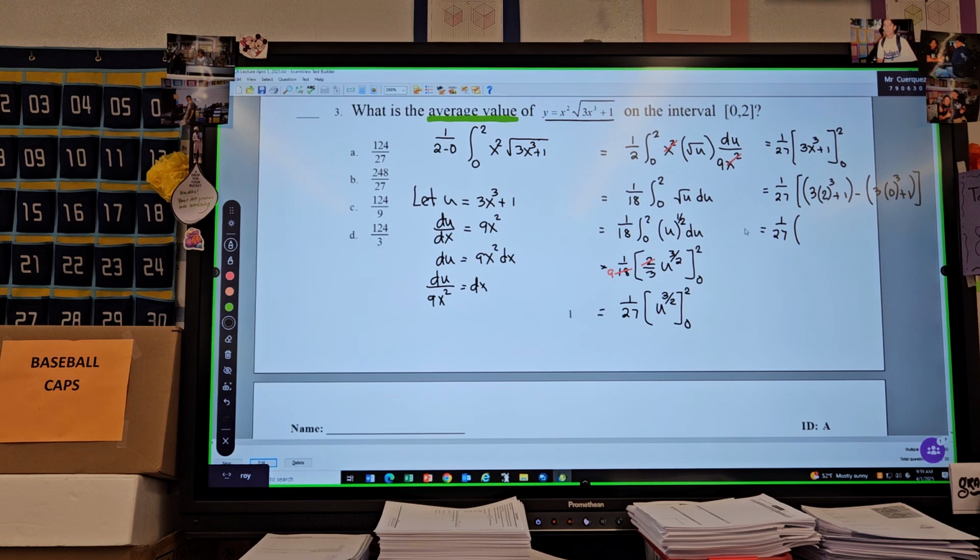Yes. The 3 over 2 power. Because you substituted the u in, but you're still missing the 3 over 2 on the equation. Yeah, this is 3 over 2.